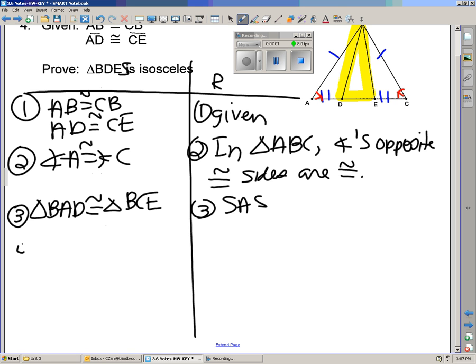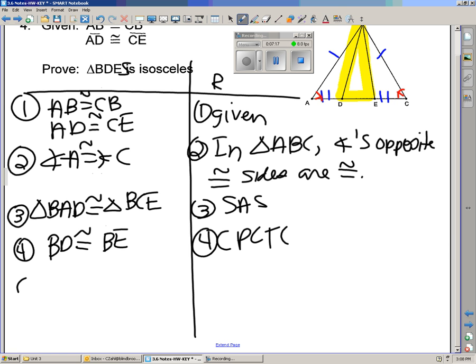After that, you can now get into those yellow sides marked on the triangle where you say BD is congruent to BE, and that's by CPCTC. Corresponding parts of congruent triangles are congruent.